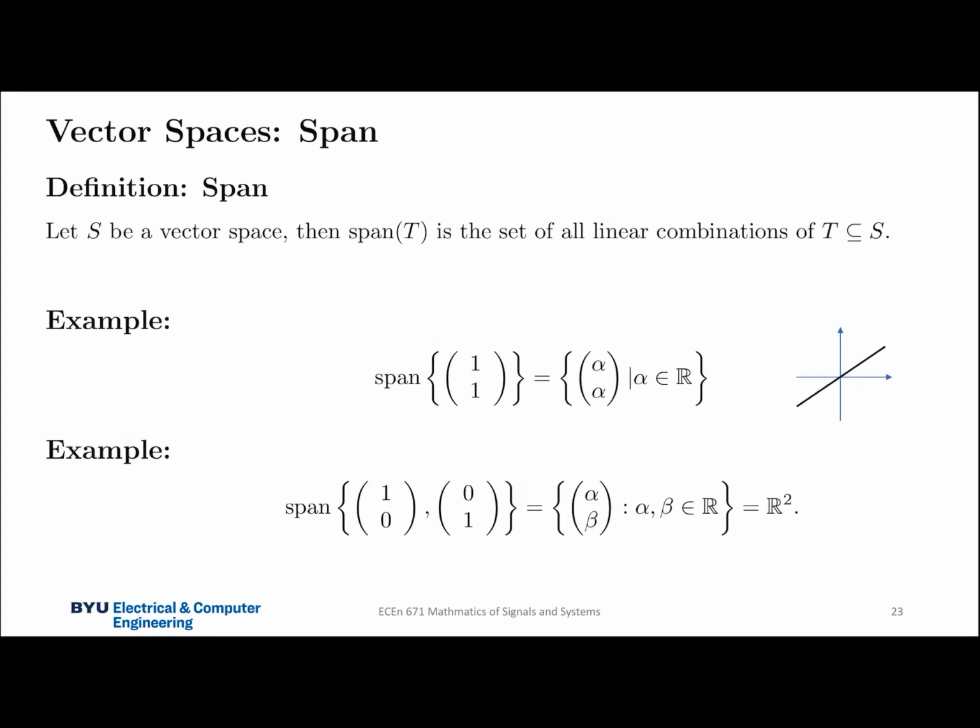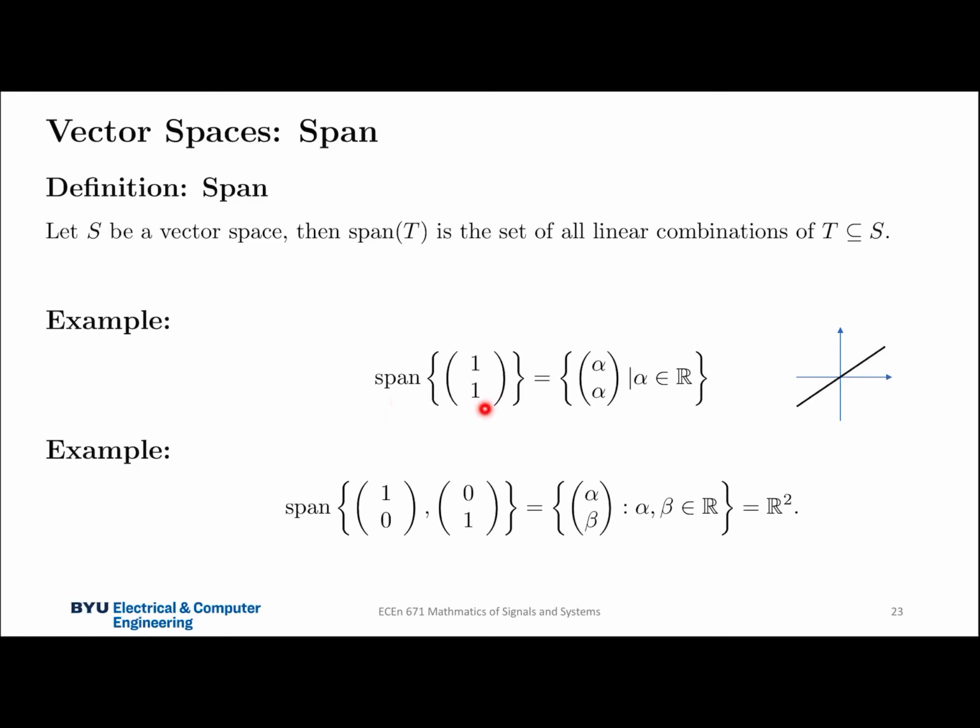Okay, so we also have this notion of span. Let S be a vector space, and let T be a subset of S. Then the span of T is the set of all linear combinations of T. In other words, you sum these together or scale them with the field, and that's everything in the span of T. So for example, if I have the vector (1, 1), the span is all linear combinations.